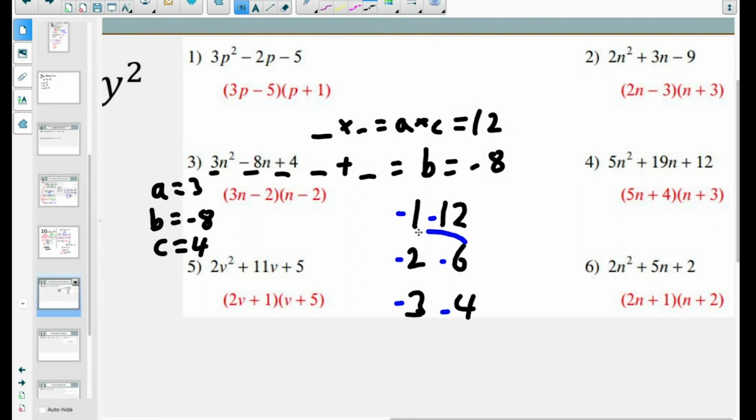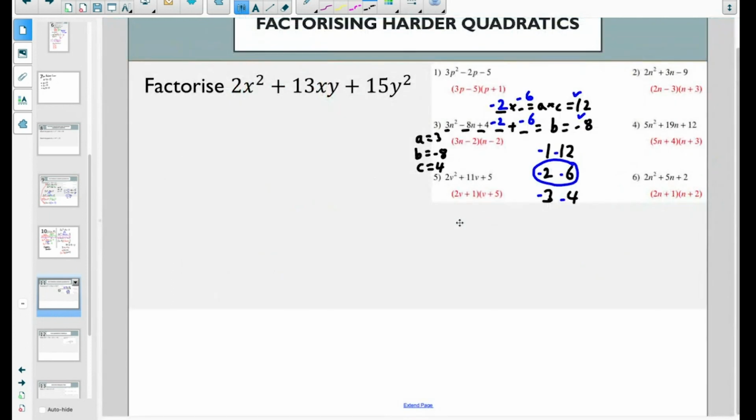So in this case, negative 2 and negative 6 are the two numbers that we're going to select. I'm going to double check. Negative 2 times negative 6, does it give me positive 12? Yes. Negative 2 plus negative 6, does it give me negative 8? Yes, it does.